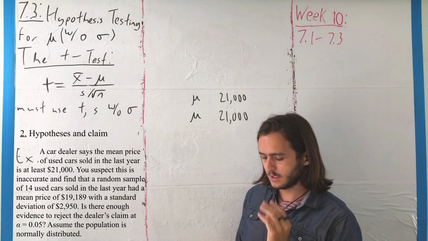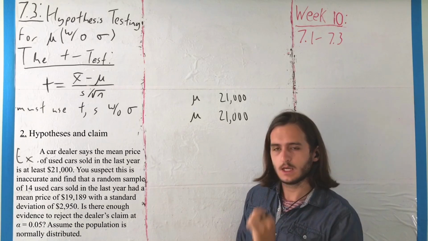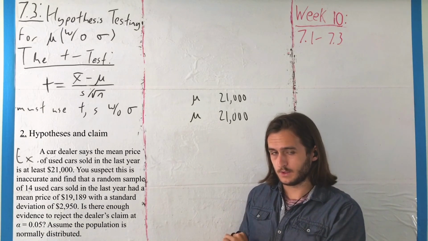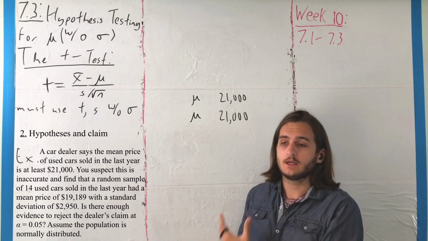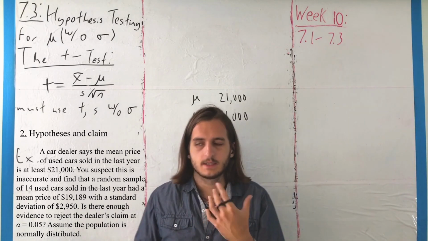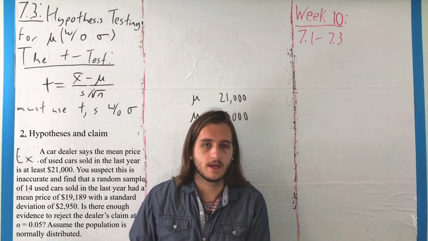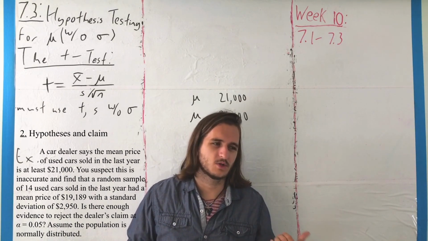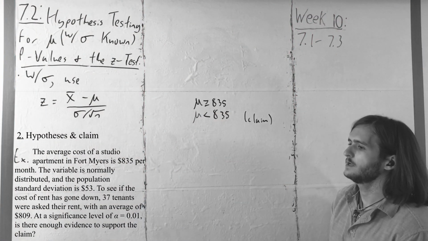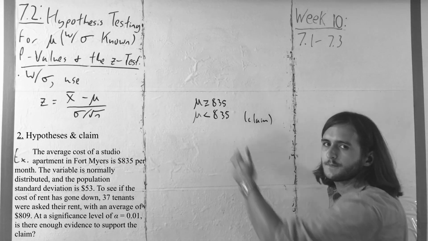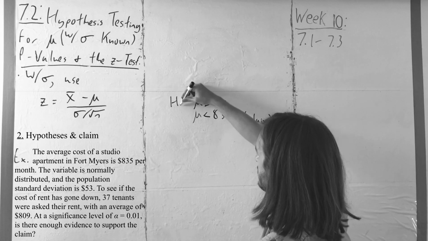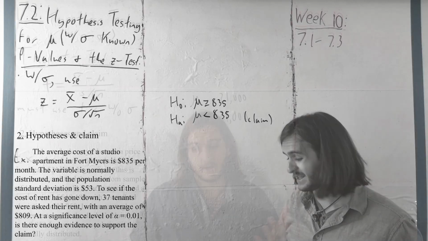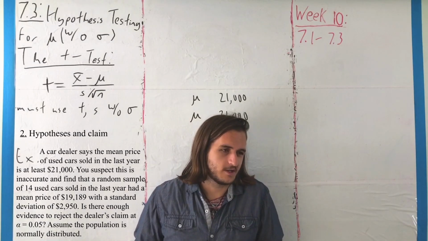Here they say that the car dealer says the mean price is at least 21,000. You look at that and you might hear that phrasing and think it's a claim, but then you flip back to what you saw in 7.2 and you remember that usually in the first sentence, when they're saying something, there's an implicit bias towards that being the truth. But I guess in this place, we don't trust car dealers.